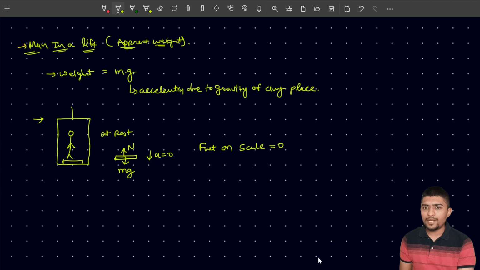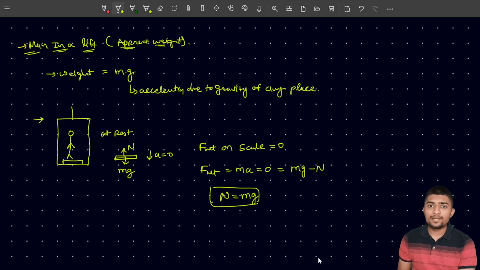So F net is equal to ma is equal to 0 is equal to mg minus normal. That means the normal is equal to mg in this case. The magnitude of the normal force will be equal to mg at the rest condition. But the problem occurs when this lift starts moving.